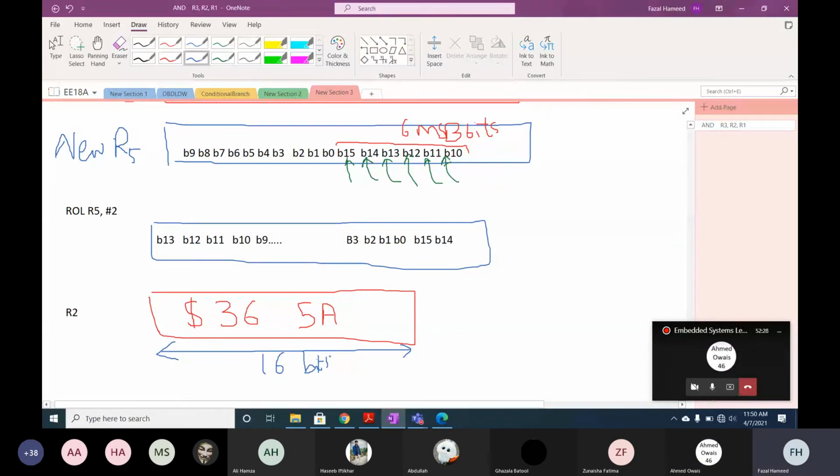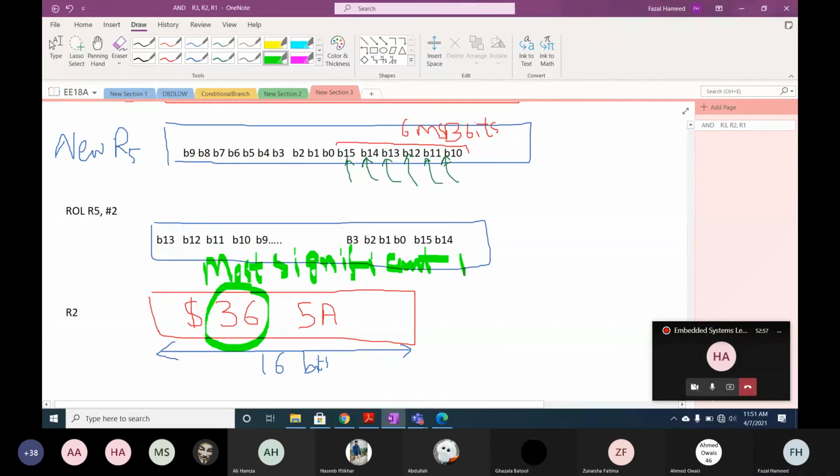What is the most significant byte? 36. Okay. So this is the most significant byte, not bit, byte.